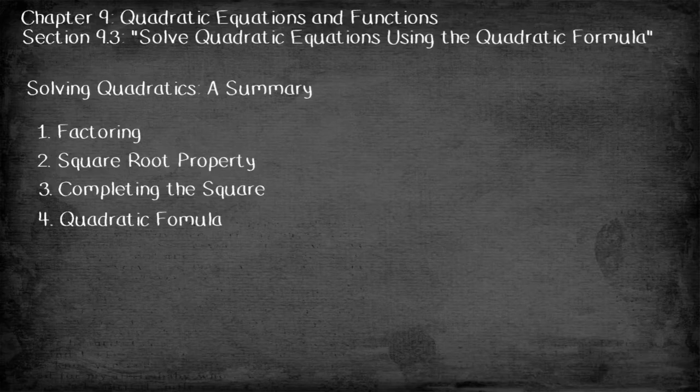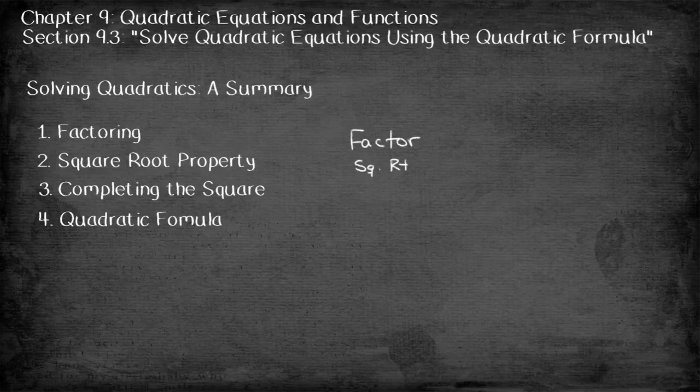So you want to factor when you can, because that is generally the easiest and fastest thing to do. You can also do the square root property, because it's usually easy to identify. If you have x squared equals something, then doing the square root property is pretty quick.